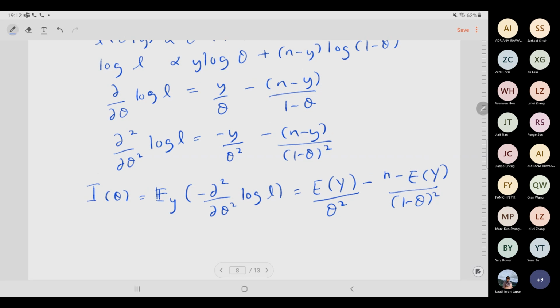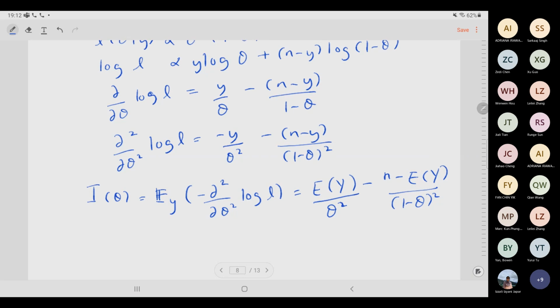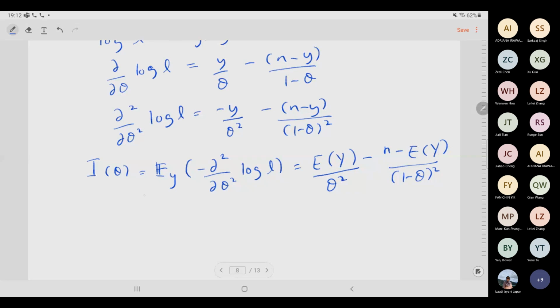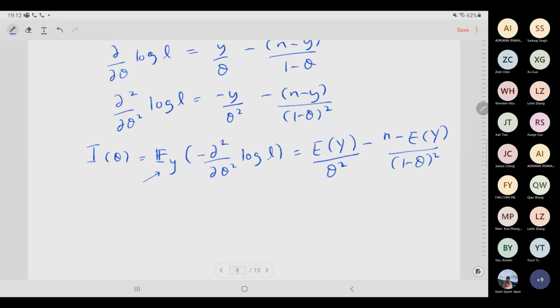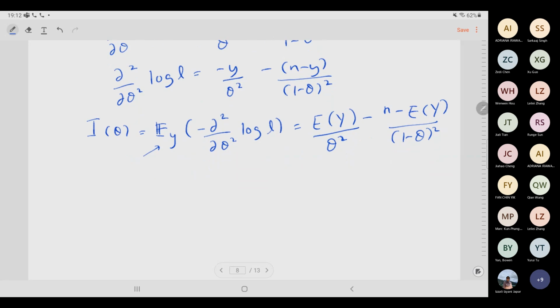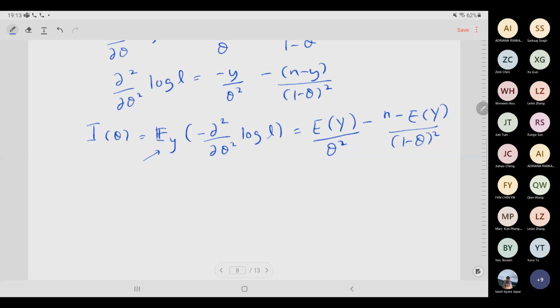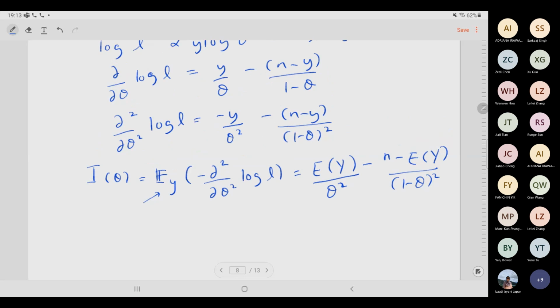Whenever you do this sort of formulation, you have to check what is the constant and what is the variable. When you do this expectation against Y, it means Y is your random variable, and theta is a constant for this expectation. So theta squared is constant, and then for the expectation of Y, you have to use that the distribution of Y is binomial.